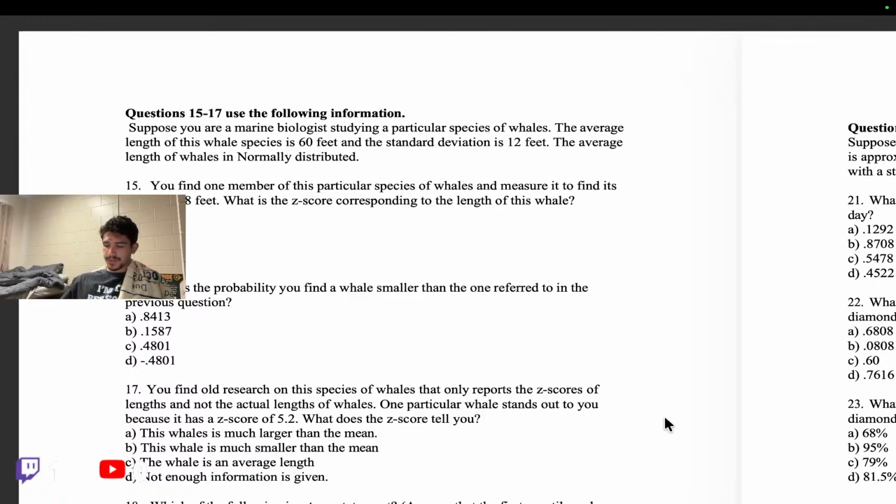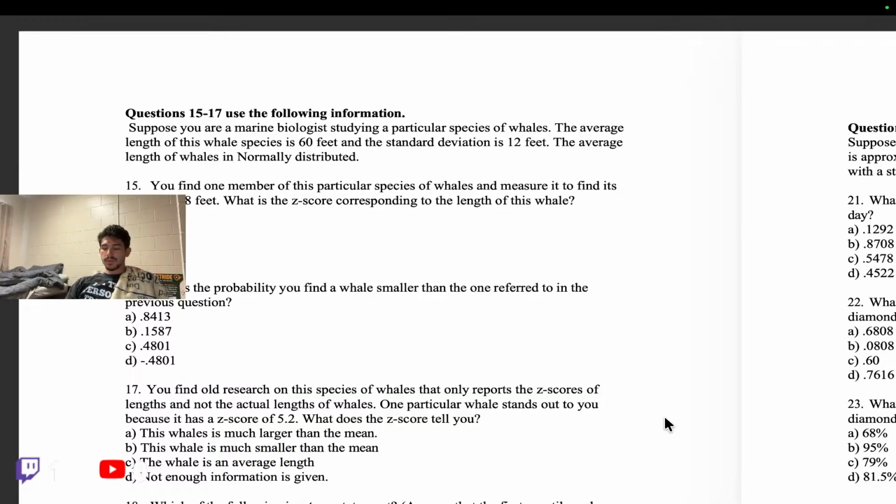And the standard deviation is going to be 12. The average length of whales is normally distributed, so we're using a normal distribution graph. You find one member of this species and measure its length to be 48 feet. So x is going to be equal to 48.